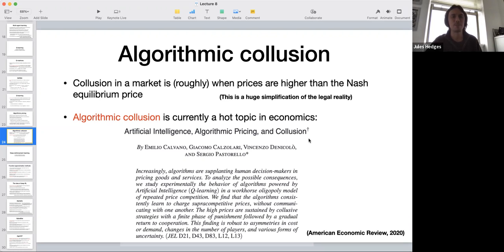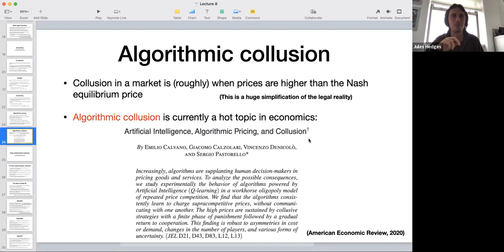Essentially the learned policies are playing a repeated game where they can implicitly send signals to each other by playing moves. And so the question is, first of all, are they sending signals to each other in a way which is causing them to converge to higher than Nash equilibrium?